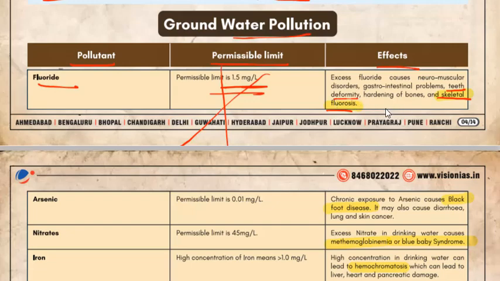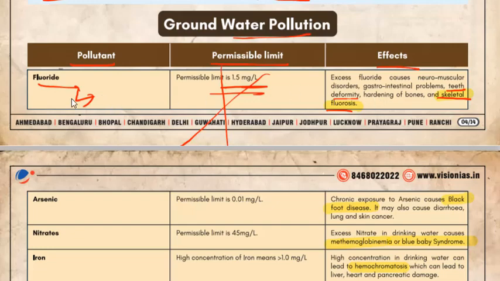Means deformities or cavity in the teeth is because of the lack of the fluorine or fluoride in the water. Sorry, this lack of fluorine causes cavities, and excess of this fluoride creates a layer on the teeth.